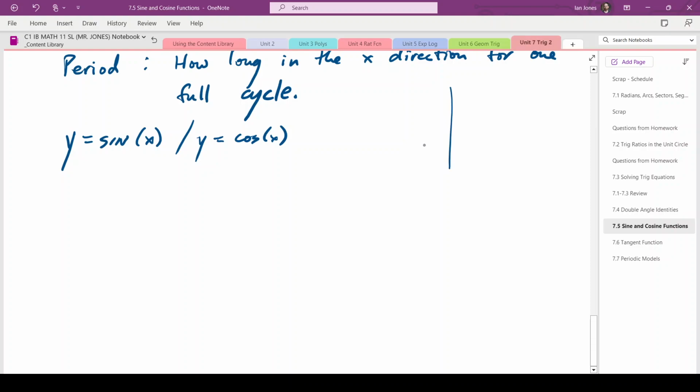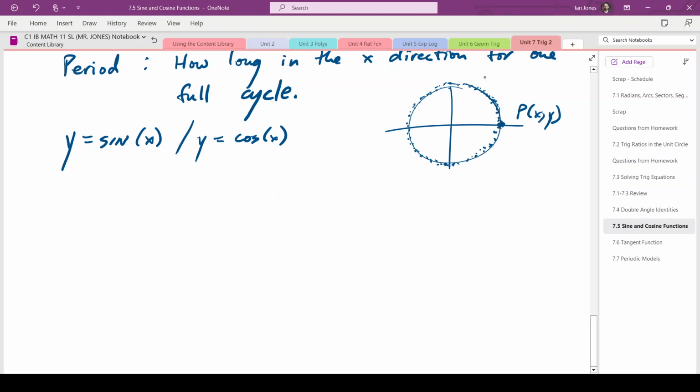Because as the point P travels around the circle, here it's gone pi over 2, here it's gone pi, here it's gone 3 pi over 2, here it's gone 2 pi.